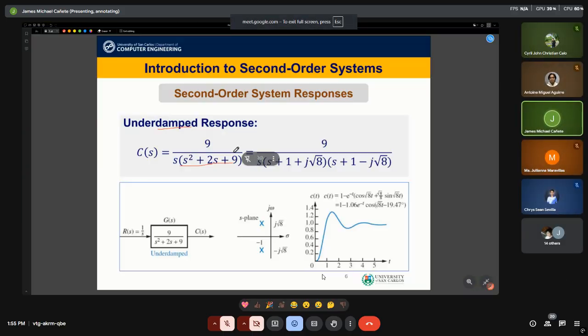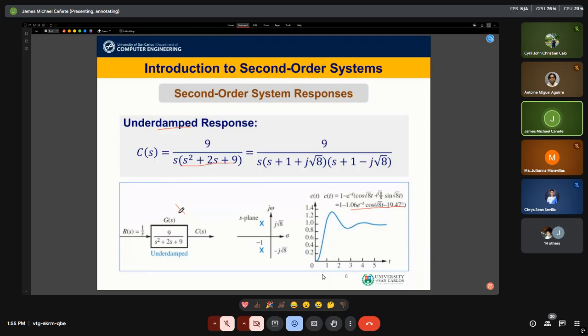If it is not purely real, if it contains an imaginary component, that's where you get an underdamped response. It is not a real root, so if you do the inverse Laplace transform, it will contain a cosine or sinusoidal component in the natural response. So graphically, note the difference between the overdamped and underdamped responses.